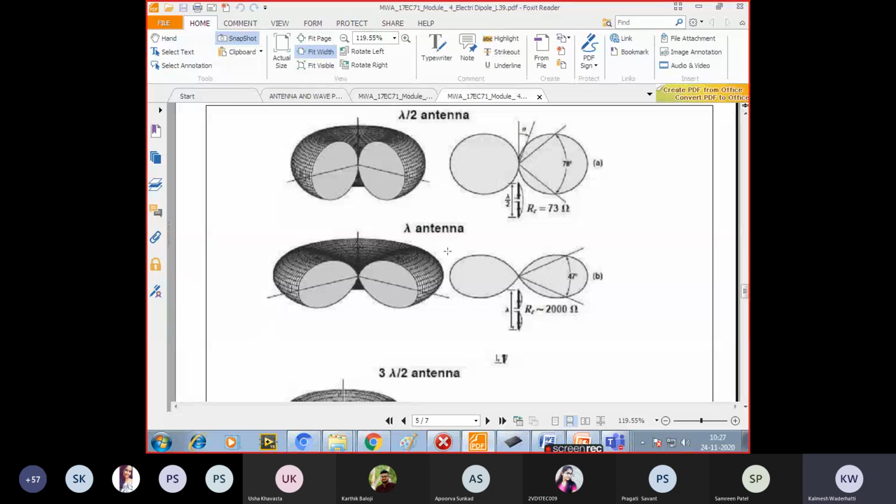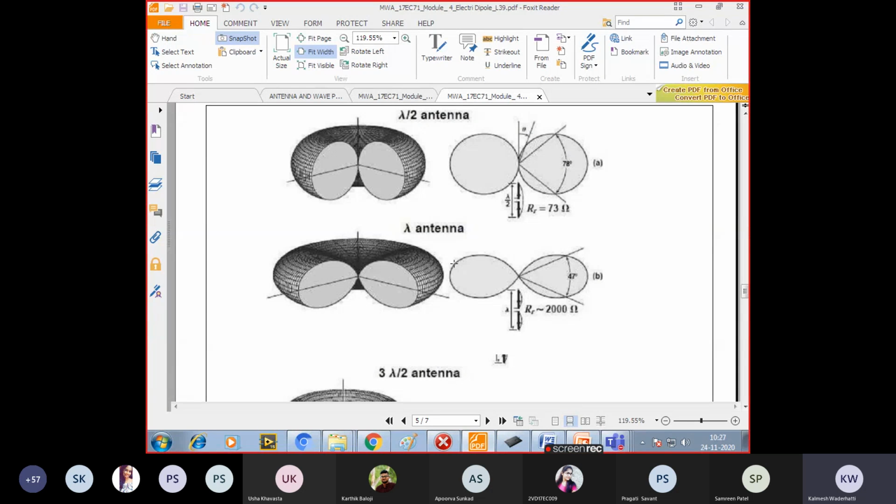You can relate this: as the length is increasing, the radiation resistance increases, and as the length is decreasing, the radiation resistance decreases. You need to comment on these results always with respect to what you understood. What is the dipole? How is the dipole observed?